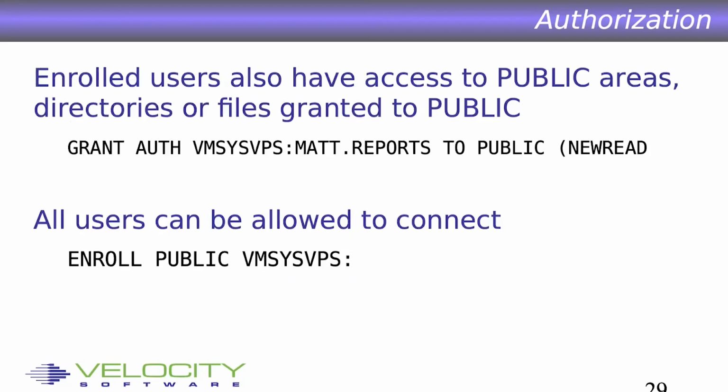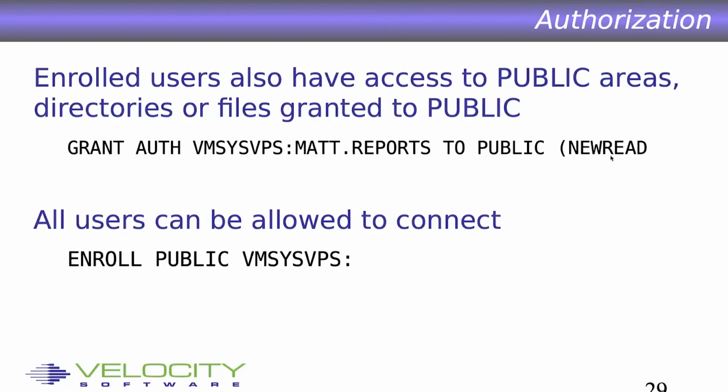Enrolled users also have access to something called a public area, and directories or files are granted to public. So in this case, I'm granting auth to public to mat.reports. And this is a directory, this isn't a file.